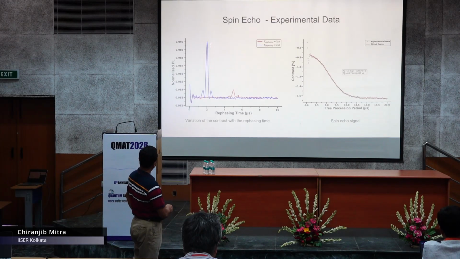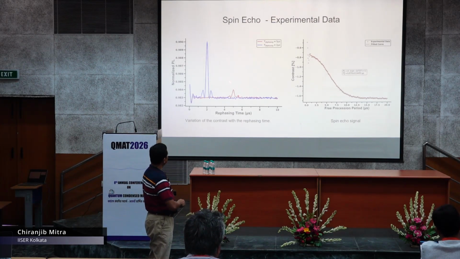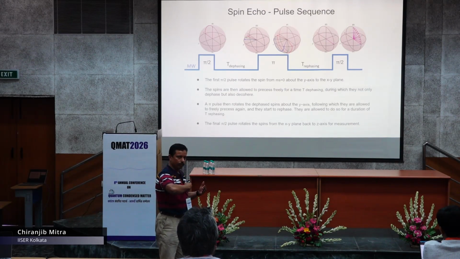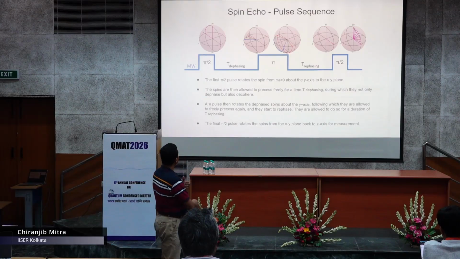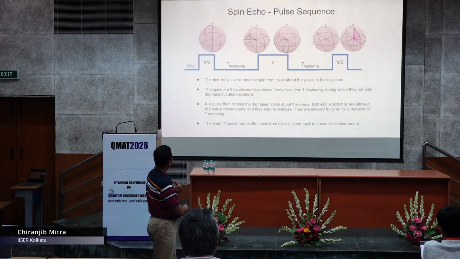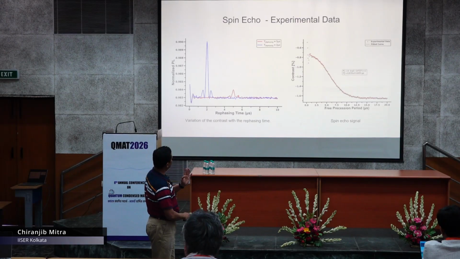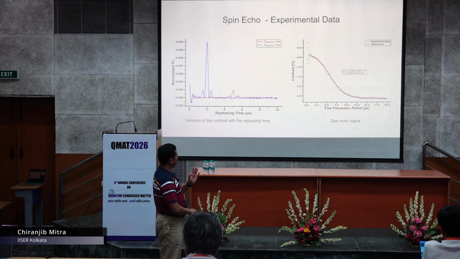Then, as you give more time, what happens in spin echo is that this dephasing and rephasing time, I keep on giving a series of pulses where I keep on increasing this. So from here to here, and if you see the envelope, that's how it behaves. Now this is up to 20 microseconds.